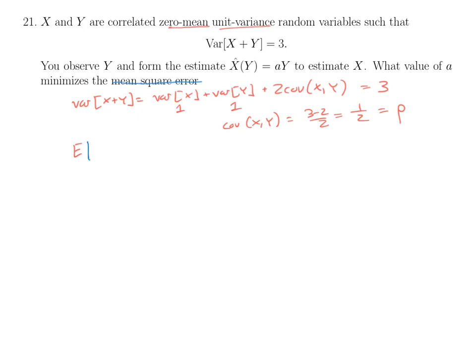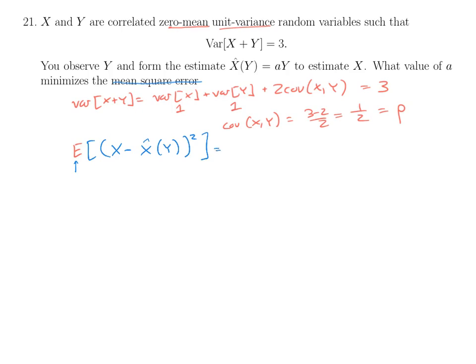And the mean squared error, this is actually given in the problem statement, is the expectation of x minus x hat, where x minus x hat is the error, and then we square it to get the squared error, and then we take the expectation to get the mean squared error, right?